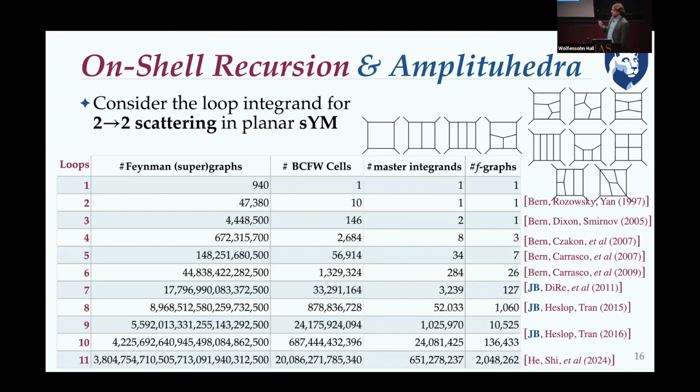But as I think Song might mention tomorrow, he and his collaborators recently computed the 11-loop 4-point amplitude using F graphs, these correlation functions, and it's a mere 2 million terms. 2 million is still a big number, but it's definitely handleable on my laptop. Whereas 3 times 10 to the 28 is not.